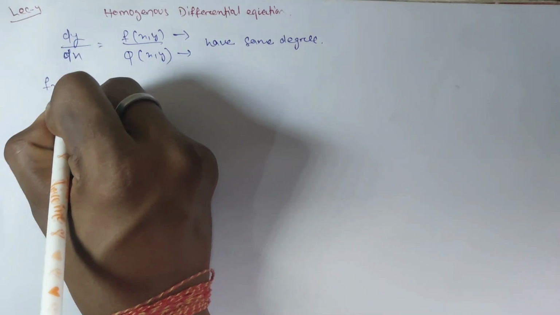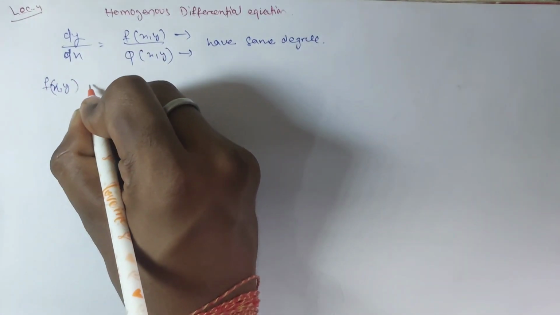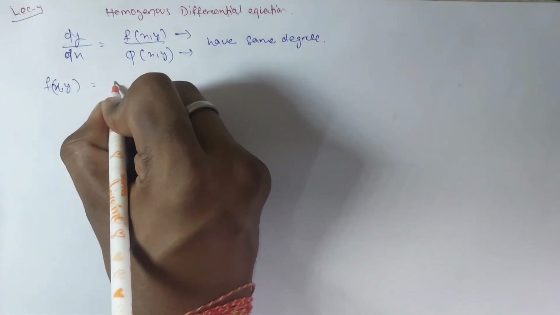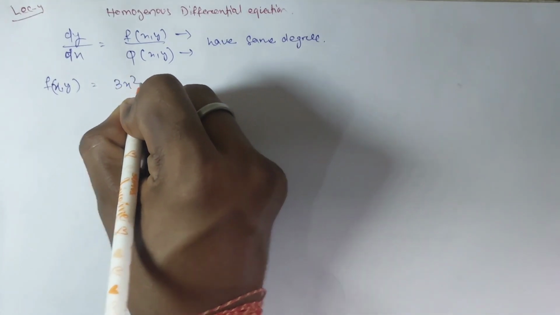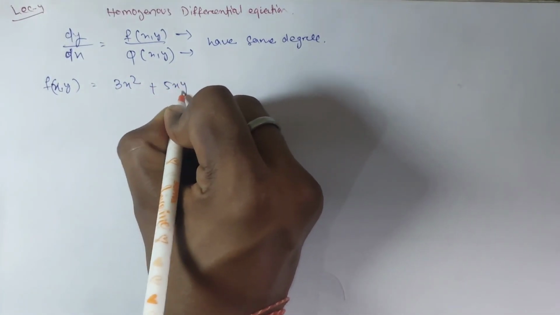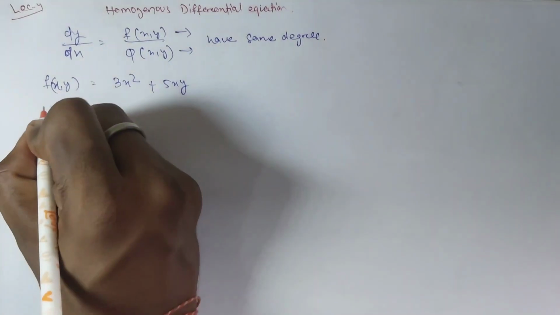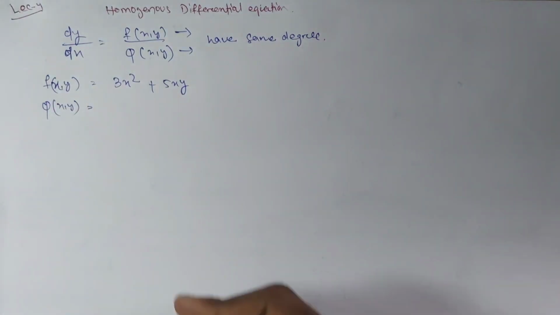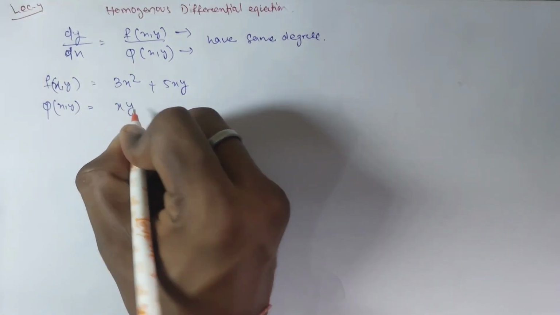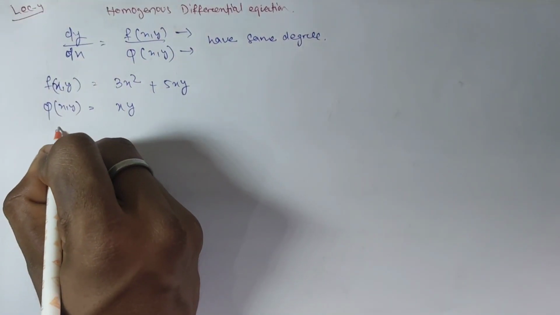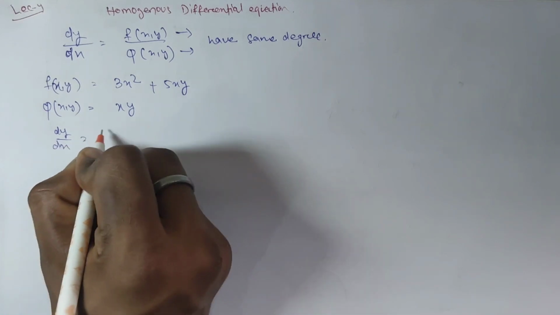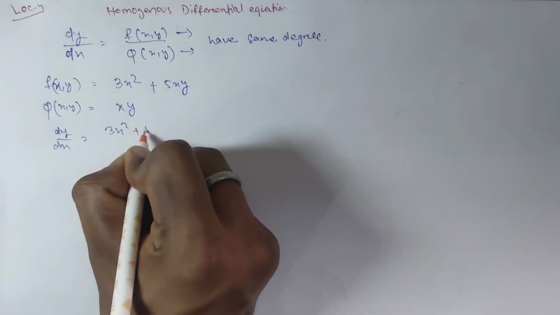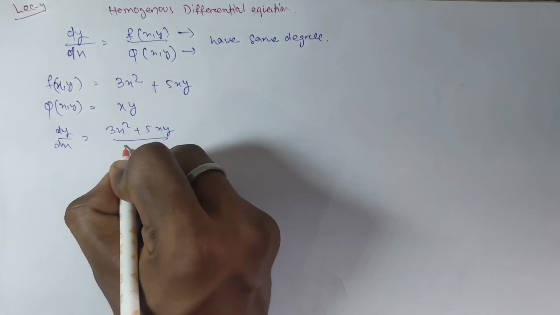Let f(x,y), a function of x and y, be 3x squared plus 5xy, and let phi(x,y), also a function of x and y, be xy. Then dy by dx equals (3x squared plus 5xy) by xy.